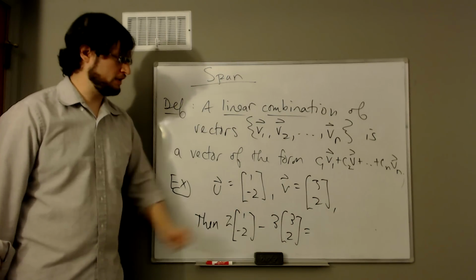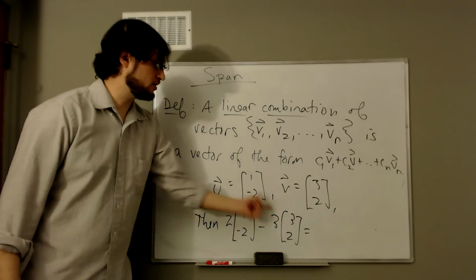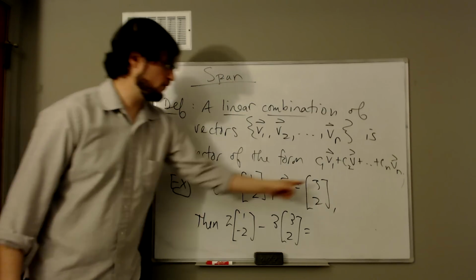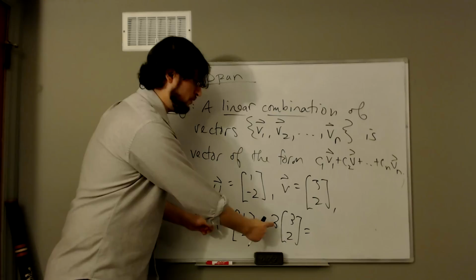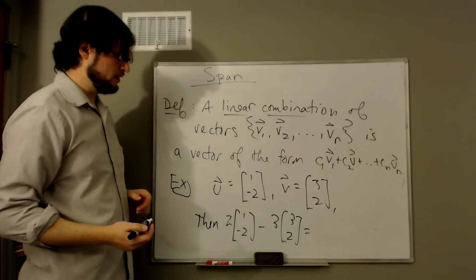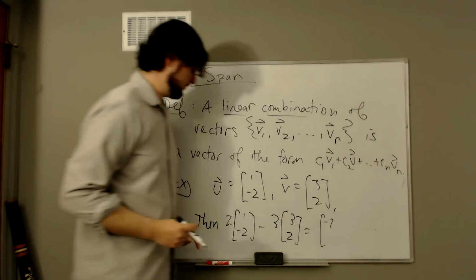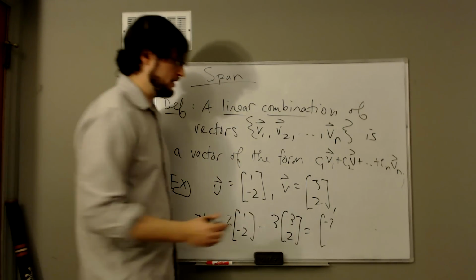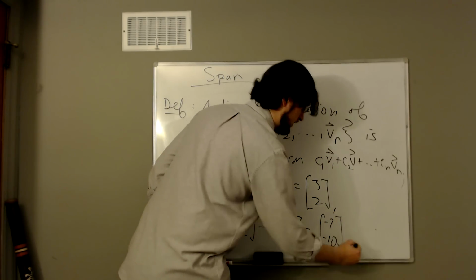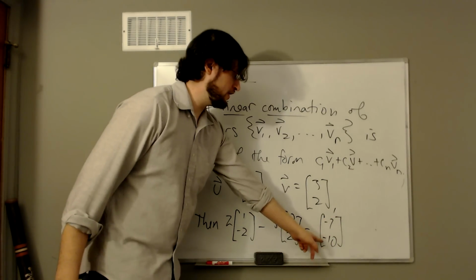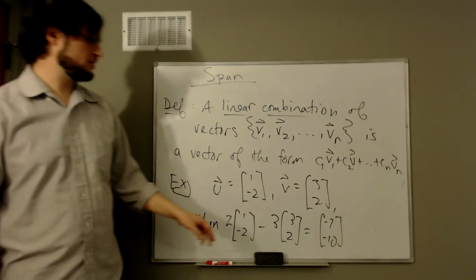They're not special here. But this is a linear combination of those two vectors. So I took those two vectors, I scaled them by whatever I wanted, and then I added them up. And in the end I get 2 minus 9, which is negative 7. I get negative 4 minus 6, which is negative 10. So this, negative 7, negative 10, is a linear combination of the original vectors u and v.